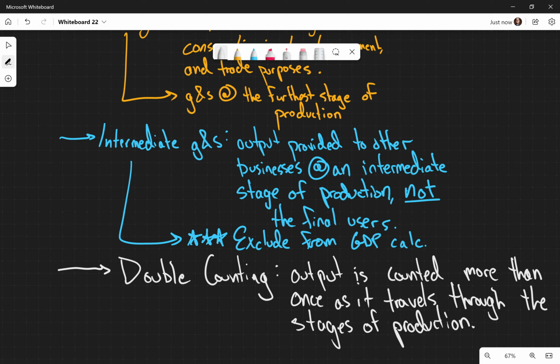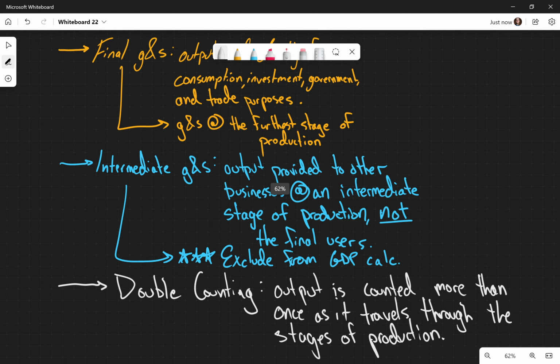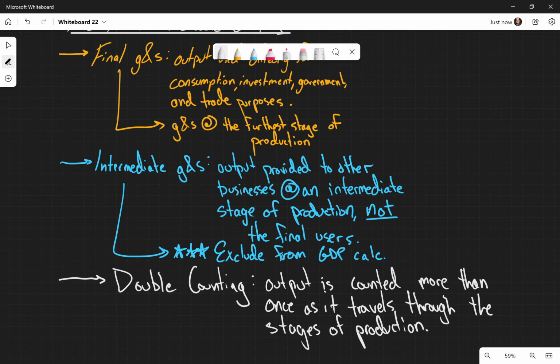Remember, our GDP is the dollar value of all final goods and services. So final goods and services, the orange, have nothing to do with intermediate goods and services, the blue.